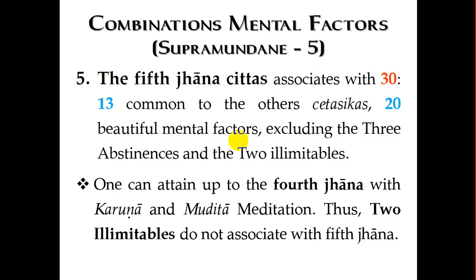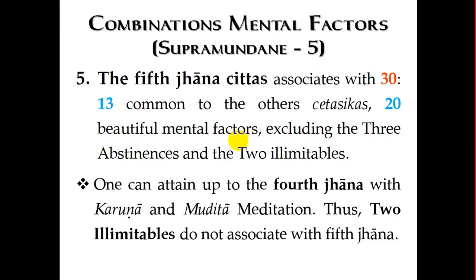But this is a little bit contradictory with the suttas. There are some suttas that talk about a different way. Anyway, according to Abhidhamma, when you practice compassion meditation and altruistic joy meditation, you can only attain up to the fourth jhana. You cannot attain the fifth jhana, right? So the two elementary bases have to be excluded for the fifth jhana.